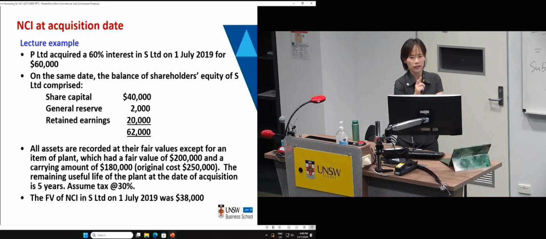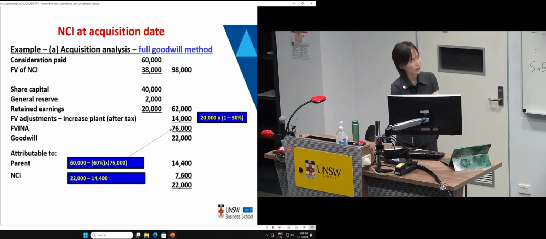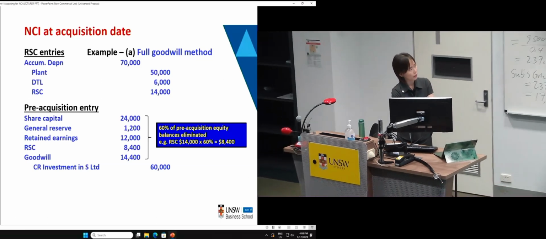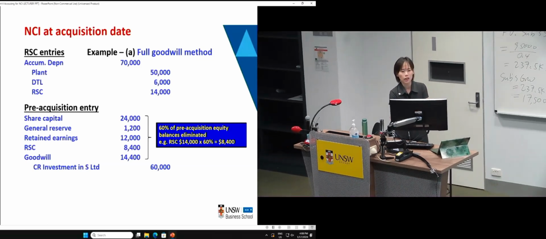When you revalue non-current assets like property, plant, and equipment, the first thing you have to do is reset accumulated depreciation, in other words, reverse its existing balance. So that's the reason why there is a debit of accumulated depreciation 70,000 and a credit of plant 70,000.